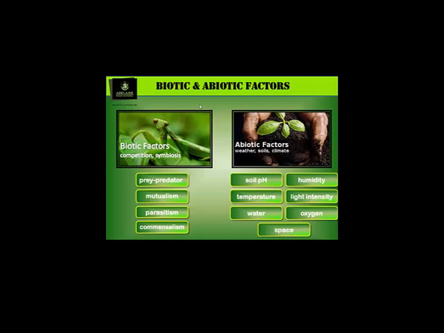Because with one picture here, for example, the praying mantis, while you may see it as a biotic factor, you need to also consider how it's going to interact with something abiotic. For example, if we look at the first 4 boxes on the left, prey, predator, mutualism, parasitism, commensalism, these are all biotic factors, with competition and symbiosis as well. In fact, symbiosis is a word to describe mutualism, parasitism, and commensalism. These 3 are symbiosis altogether.